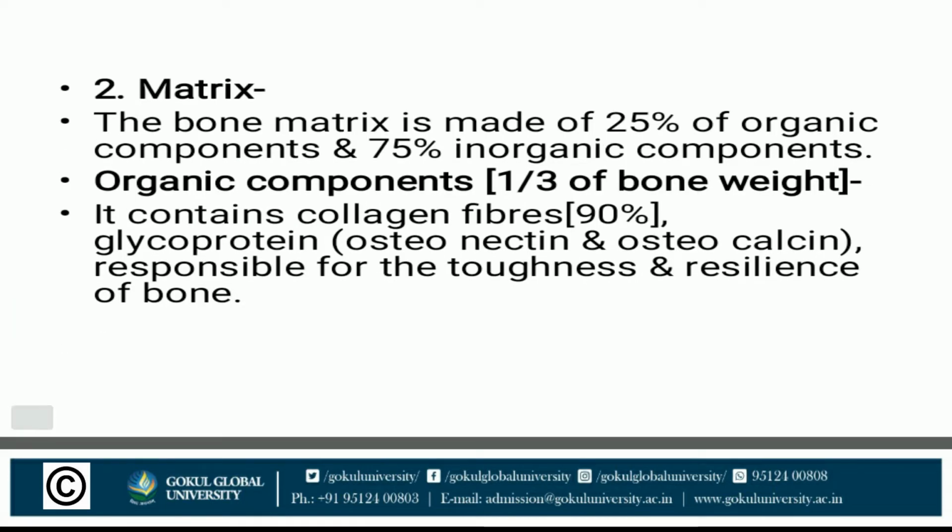Now the bone components we have seen: bone cell and bone matrix. Bone cell has four types: osteoprogenitor, osteoblast, osteocyte, and osteoclast. Then matrix. The bone matrix is made of 25% organic components and 75% inorganic components, which we have seen in the definition of bone.